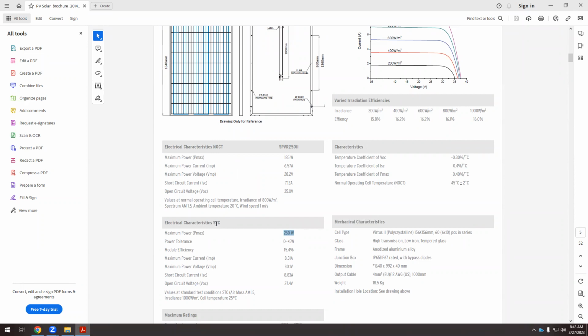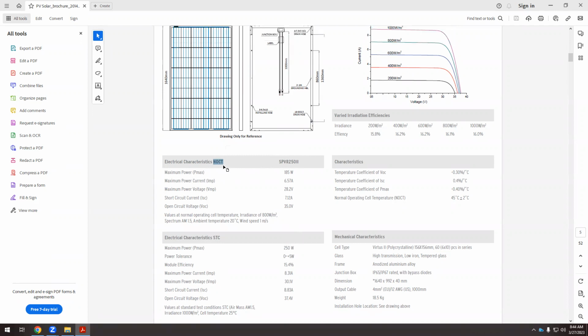If we are comparing the performance of two different panels, we have to compare the same condition, either the STC or the NOCT. If we only have information about the STC, we have to compare that performance to the other performance. And if we have information about both, I would be less optimistic and I would use this one.